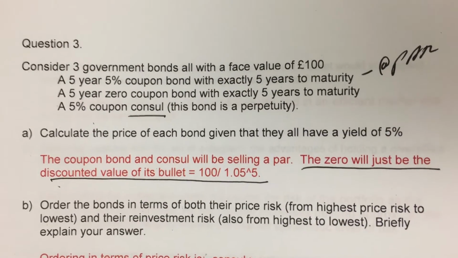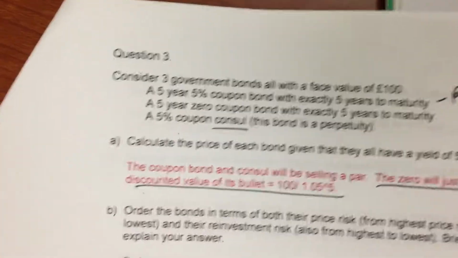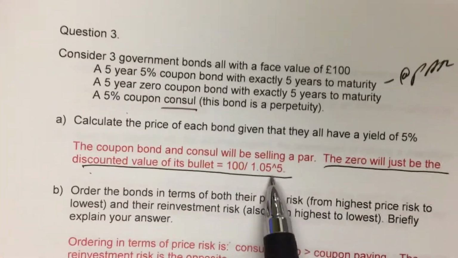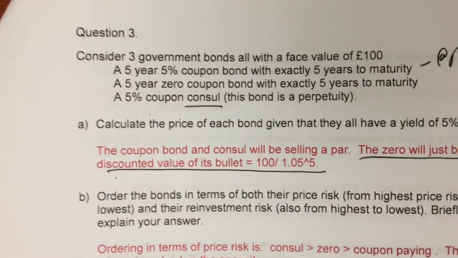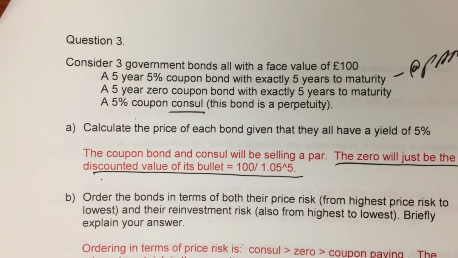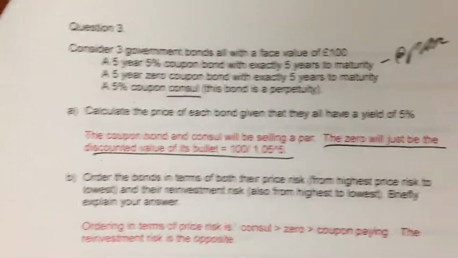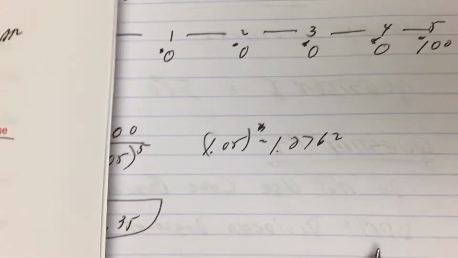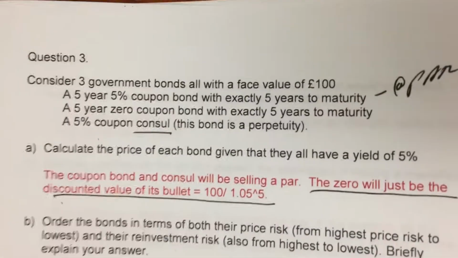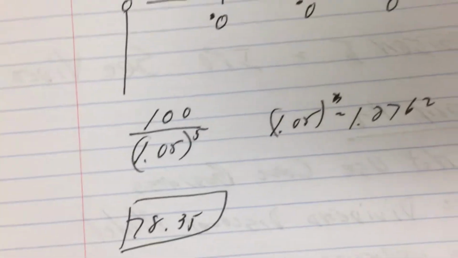To determine what that something less is, we will discount the $100 by 5% over a 5-year period, which is the formula 100 divided by 1.05 to the 5th power. And we know from previous work we have done that gives us $78.35. So the price today of the zero coupon bond is $78.35.